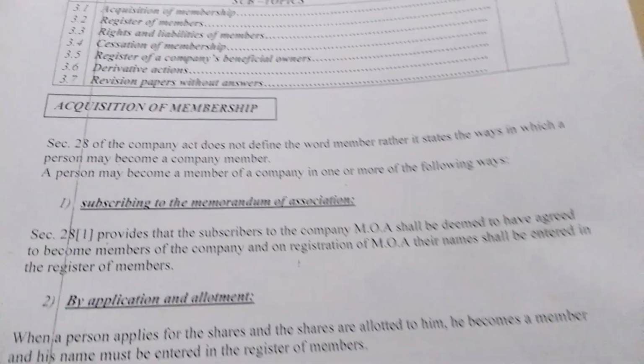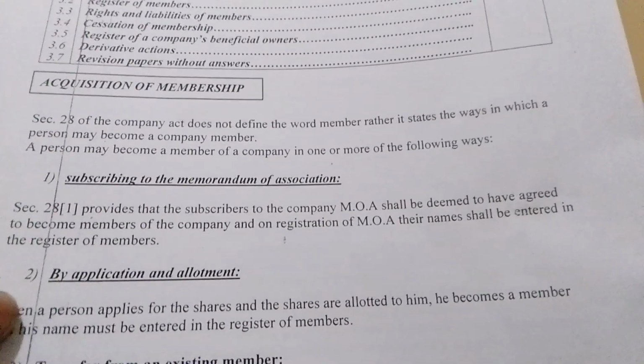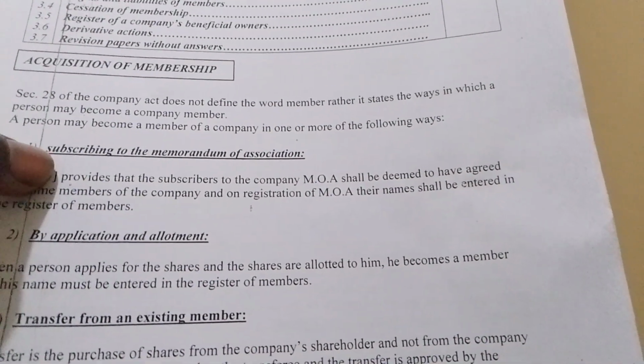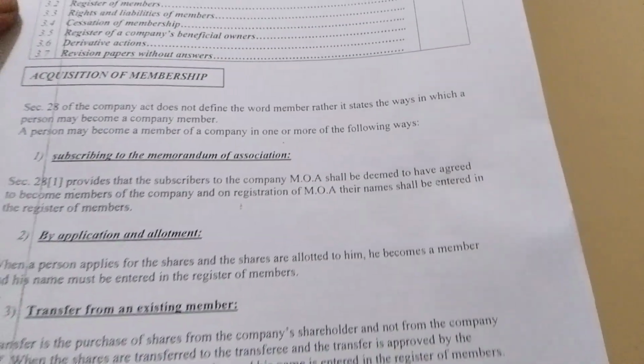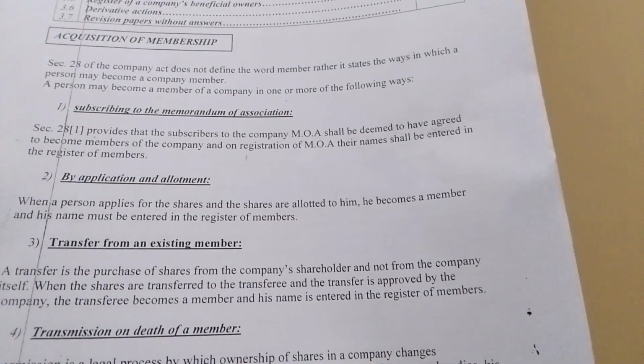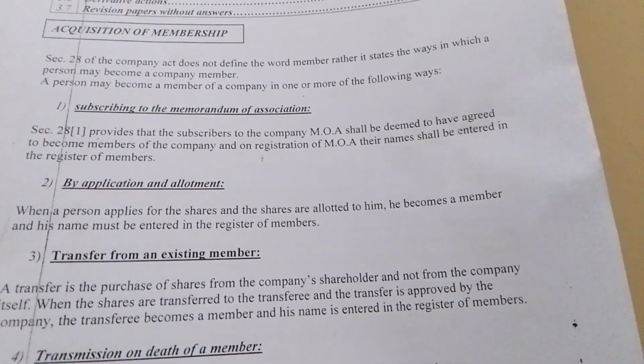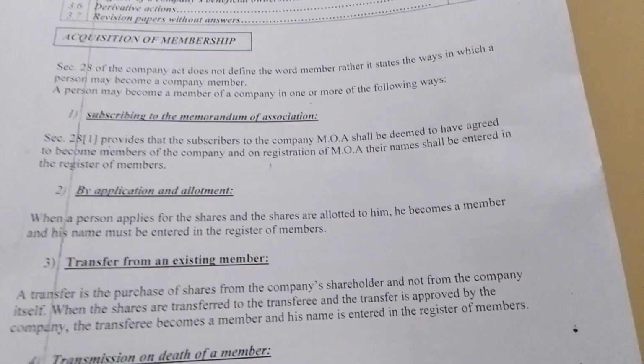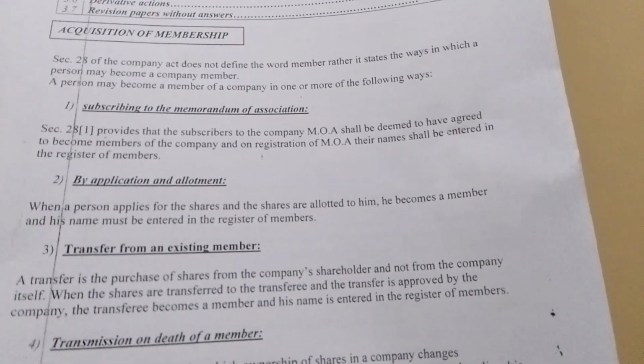Now, as it appears there, acquisition of membership. How do you become a member? One is subscribing to the memorandum of association. If you are writing, first write the ways of acquiring membership of a company. You write them down, and then I will discuss them with you.